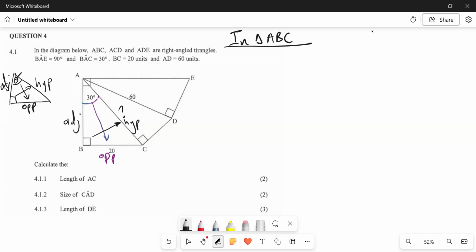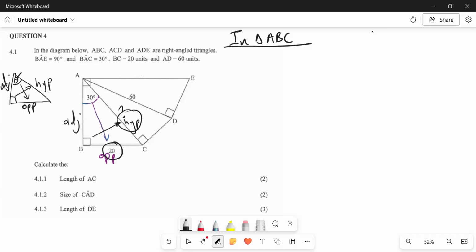So now that we've labeled our sides, we can connect everything to our trig ratios. We're looking for the trig ratio which will accommodate opposite and hypotenuse. We are given opposite, which is BC. We are looking for the hypotenuse. What is that trig ratio?